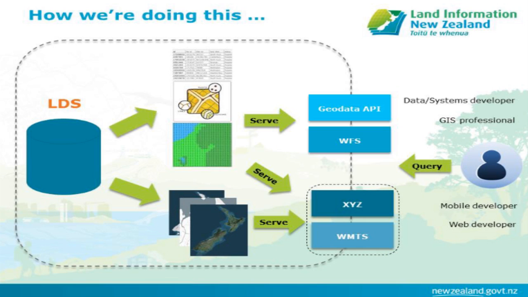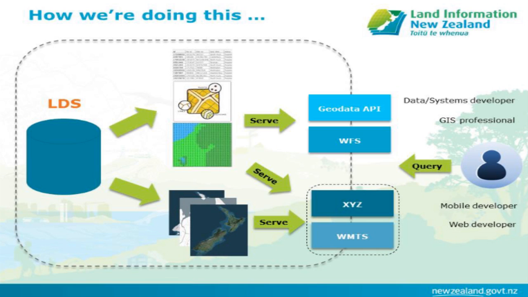And all of this, we believe, is going to further improve the usability of our data and enable mobile web app developers to come in and start using our information in an easier way, as well as the existing customer base. A lot of GIS professionals will also be able to use this in their desktop products.